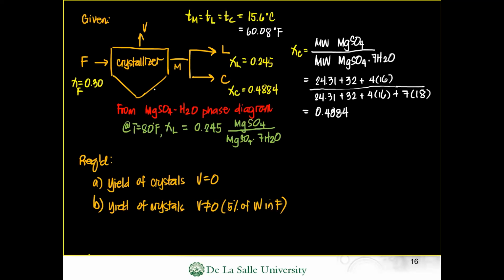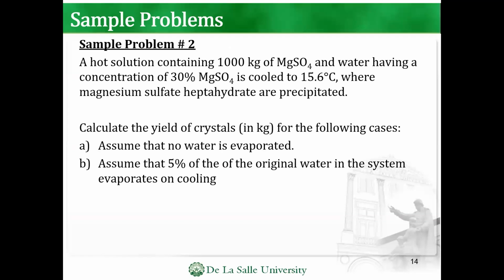So let's solve. Letter A. We have the overall material balances. So again, for the overall material balances, we know that F is equal to V plus L plus C, the feed. What was the feed? 1,000 kilograms of magnesium sulfate.